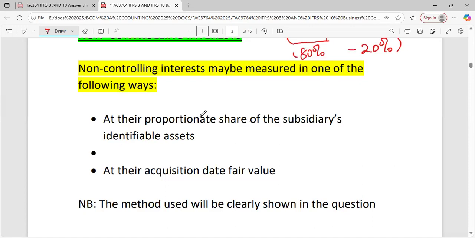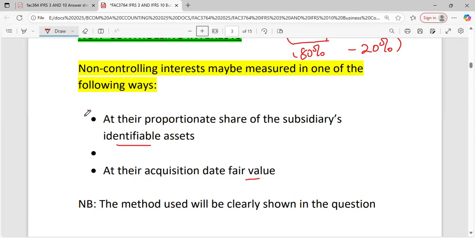If we look at second year, we were measuring non-controlling interest using only one way, but now we're using two ways, which is at their proportionate share of the subsidiary's identifiable assets and at their acquisition date fair value.